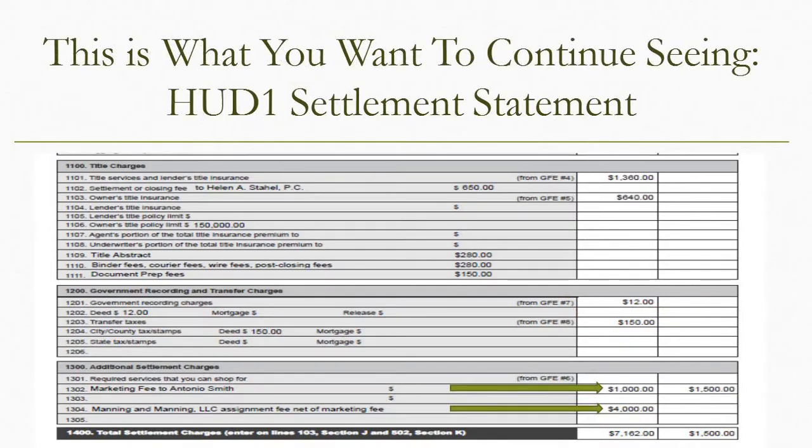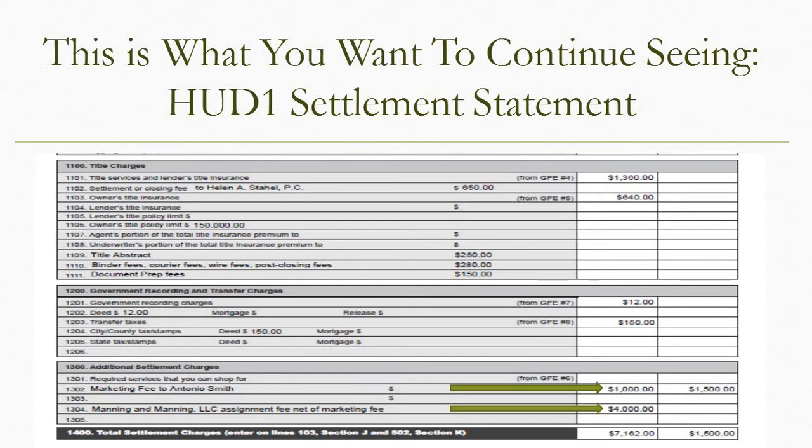Now, this is a HUD-1 settlement statement. It's just a piece of a HUD-1 settlement statement. This is actually the part where I wanted to show the settlement that I was involved in. This is an older property that we wholesaled, I think in 2015. A friend of mine, his name is Antonio Smith, he actually brought the deal to the table. He showed me the house, but he didn't have it under contract.